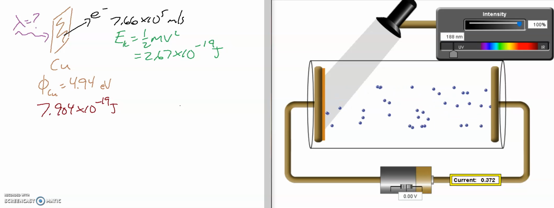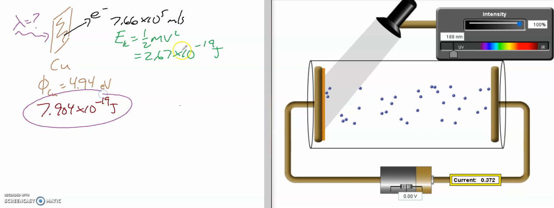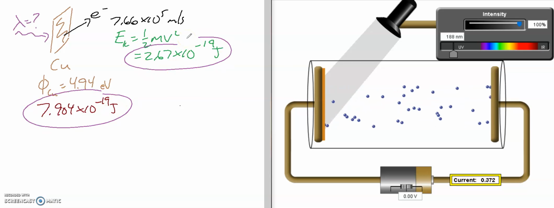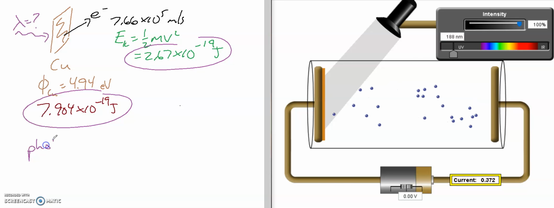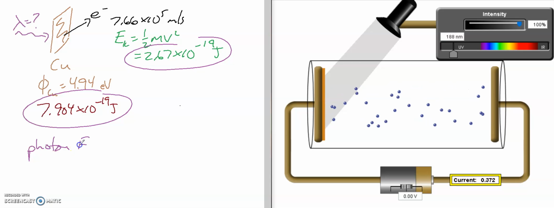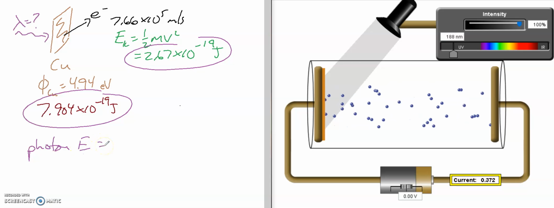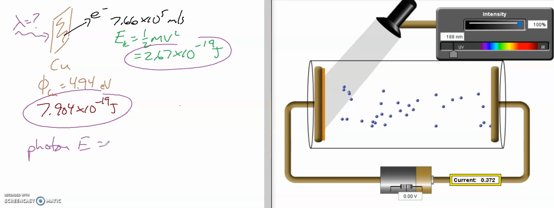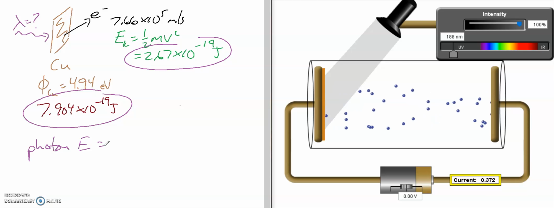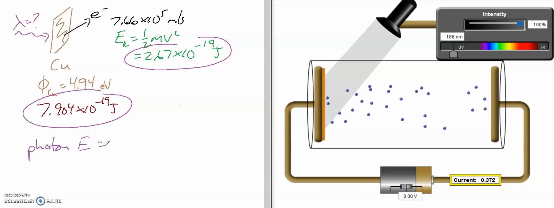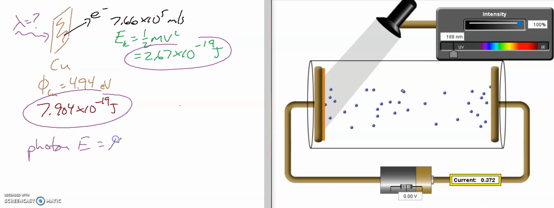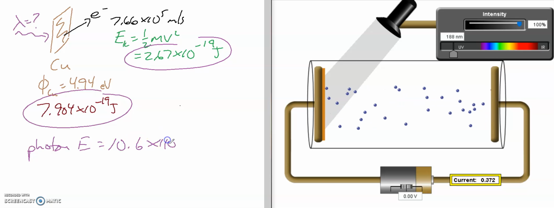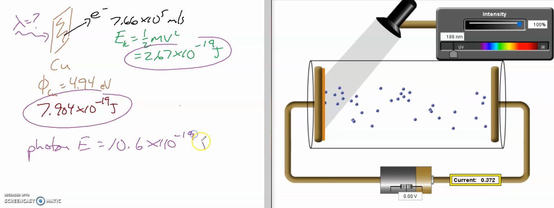So to find the energy of my photon, I just have to take those two and put them together. So my photon energy must be the combination of the two. So I'll take my kinetic energy and add my work function energy, and we'll round off a little bit, around 10.6 times 10 to the negative 19 joules.